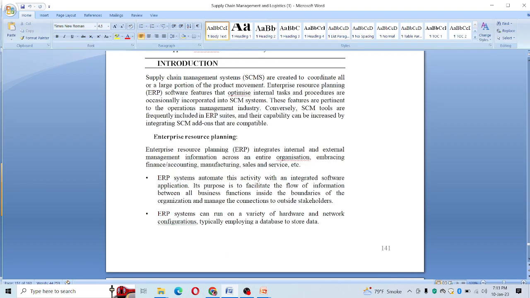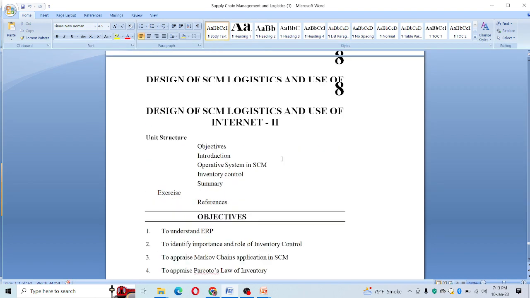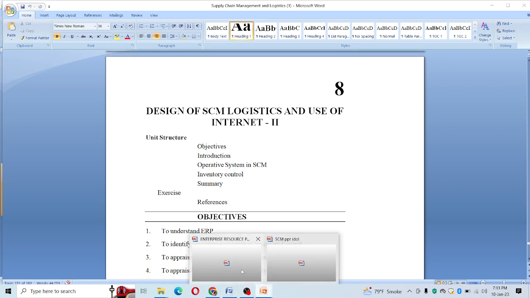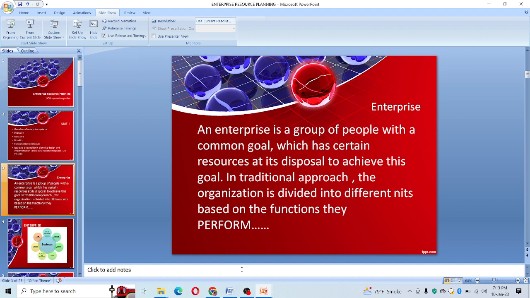Okay, so when it comes to the operating system, we are going to discuss the ERP in detail. Now, let us understand what these things actually are.